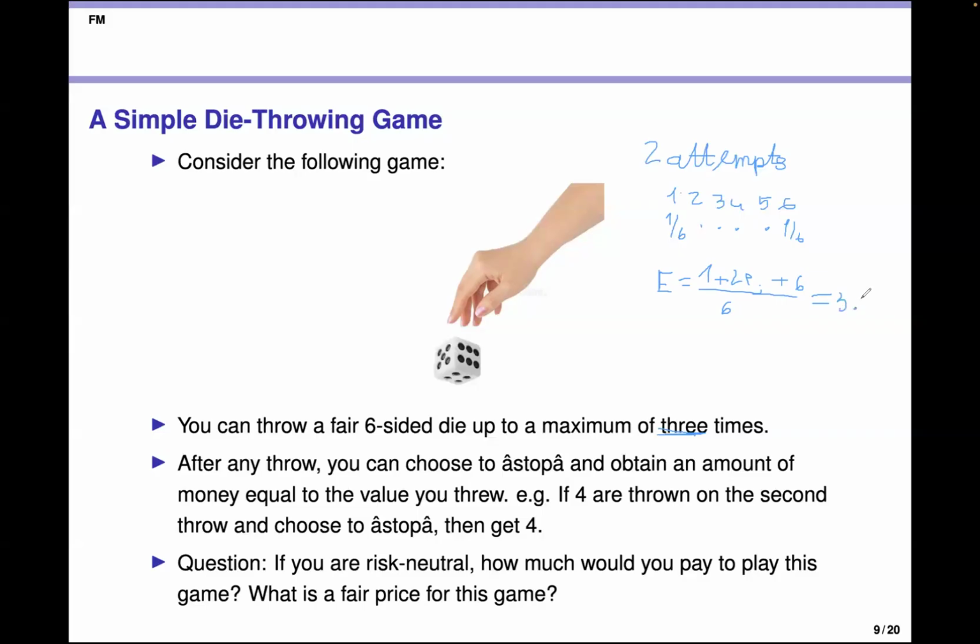Yes, 3.5. So we know the mathematical expectation at the last attempt.